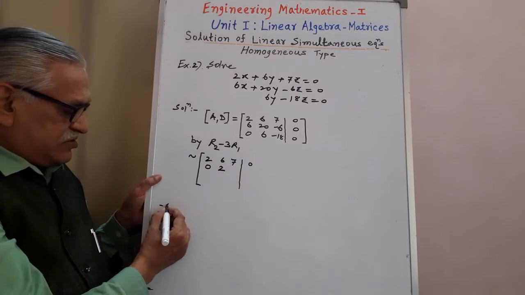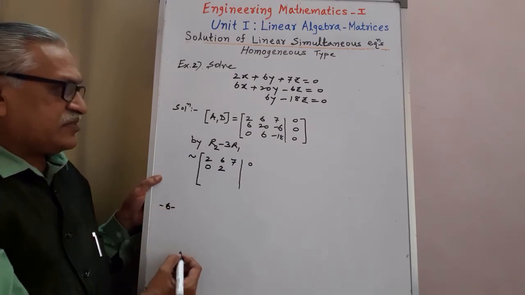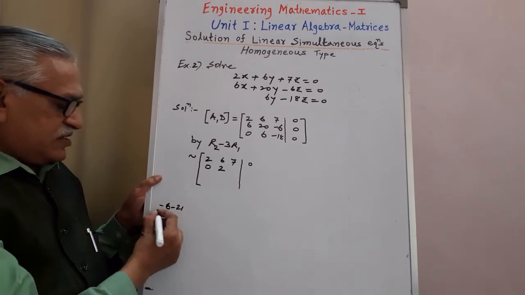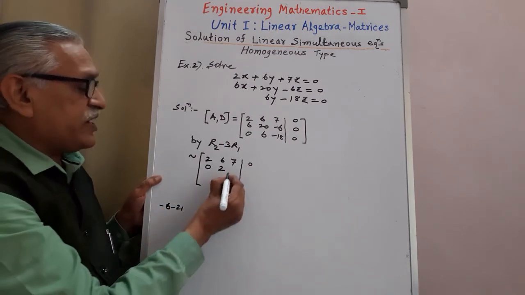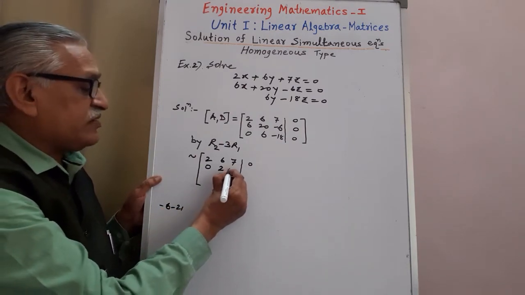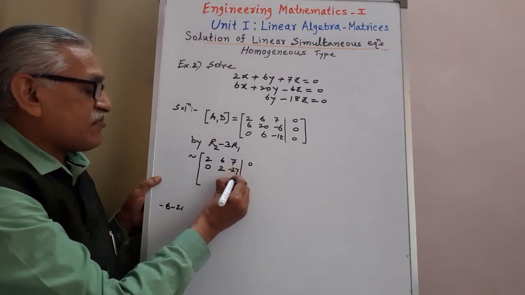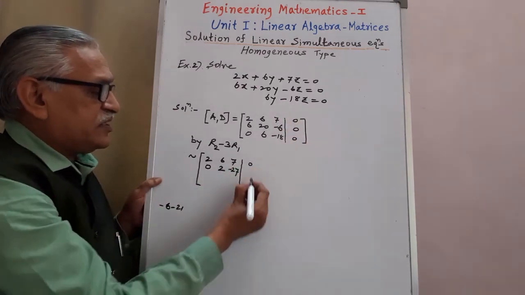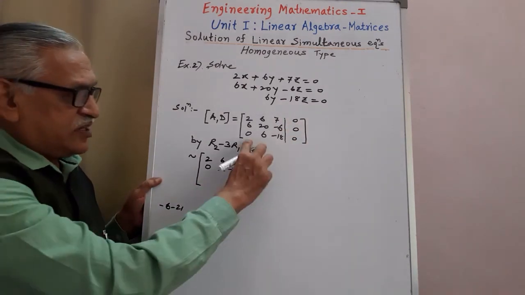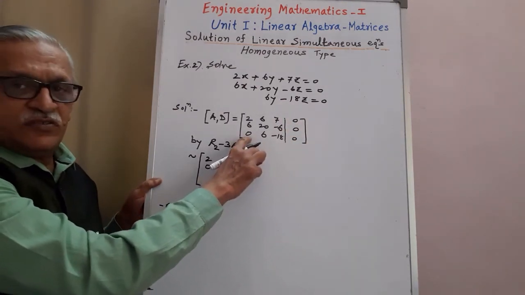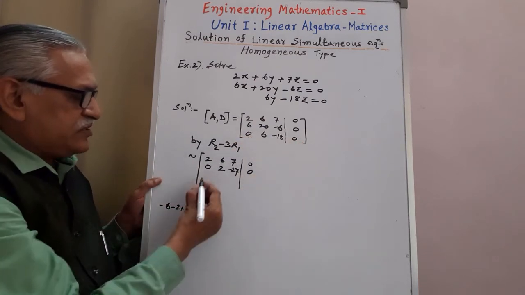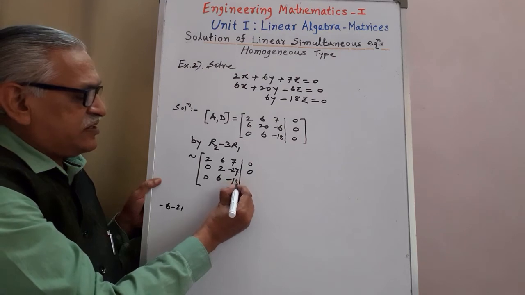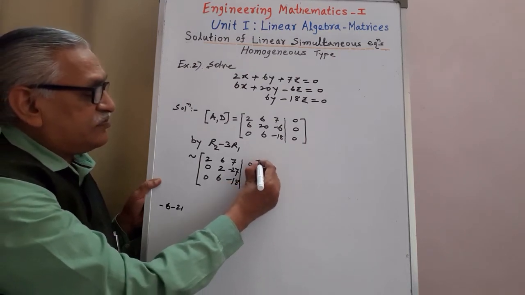Minus 6 minus 7 times 3 is 21. Minus 6 minus 21 we get minus 27. Okay. 0 minus 3 times 0 we get 0 here. Third row, as the element is 0, we keep that row as it is: 0, 6, minus 18 and 0.